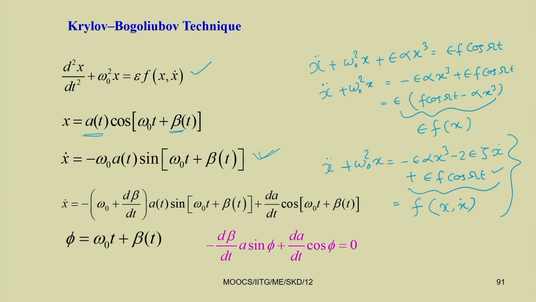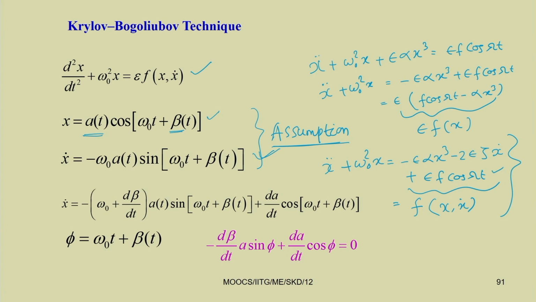You just see it is not the direct differentiation of x to get this x dot, rather it is assumed that x dot equal to minus omega 0 a t sin omega 0 t plus beta t. So these two are the assumptions in case of this Krylov-Bogoliubov technique.